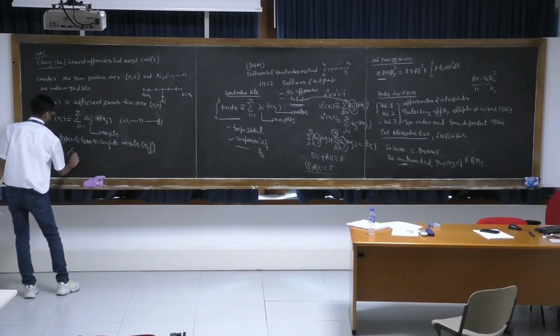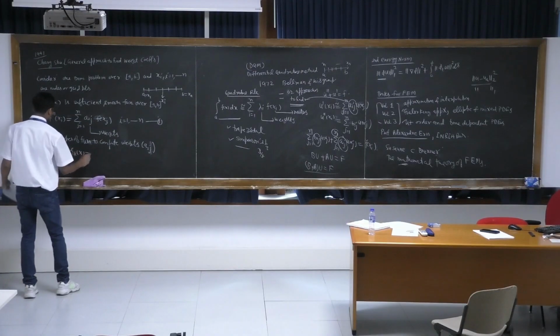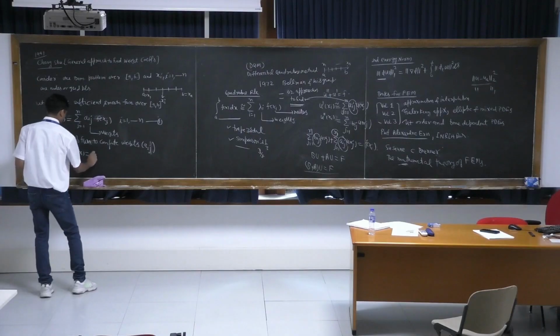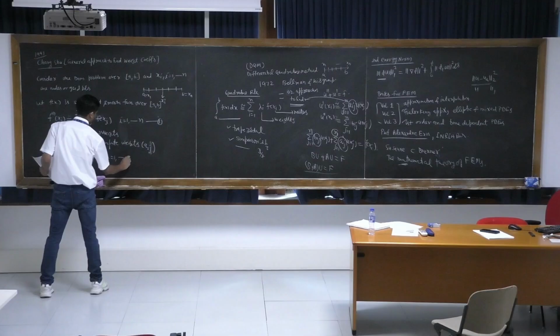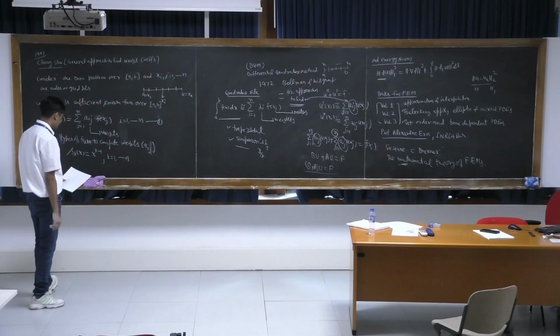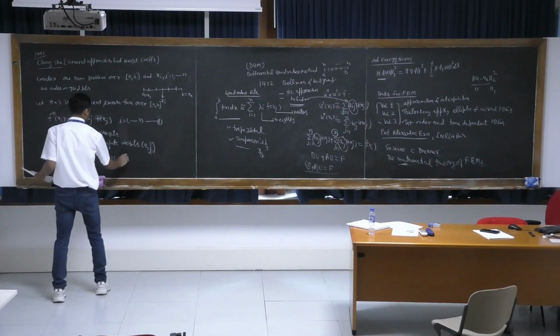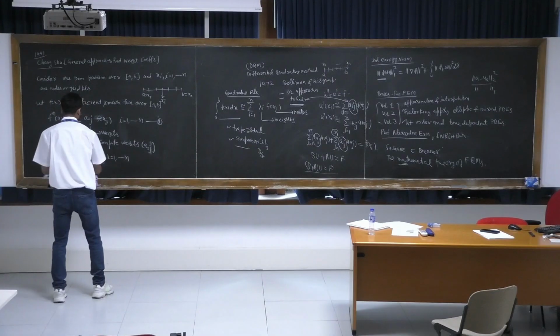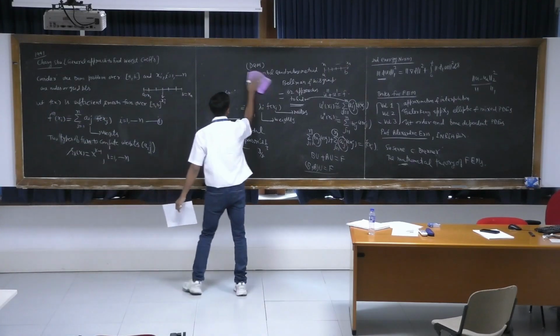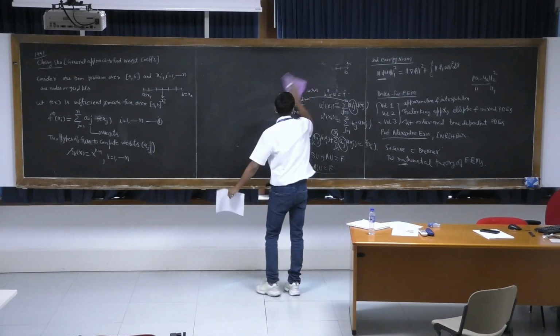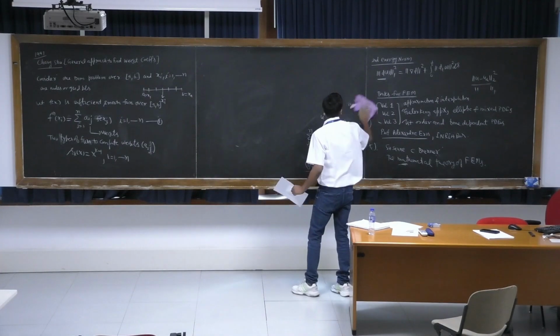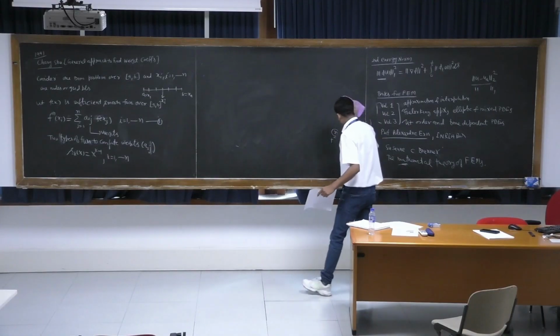Number one is r_k(x), which is equal to the simple power x to the k minus 1, k is 1, 2 and so on. And the second type of functions, you can say bases, use the Lagrange interpolation.